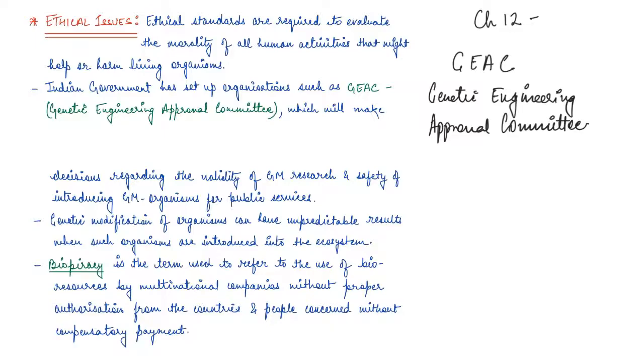right? So basically, the modification and usage of living organisms for public services, it can be for food, it can be for medicines, right? It has created problems with patents granted as well. So basically, what it means, guys, is that there are certain companies. These companies are being granted patents for products and technologies.